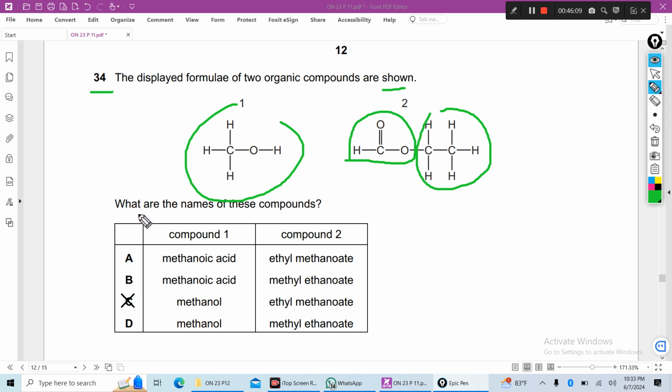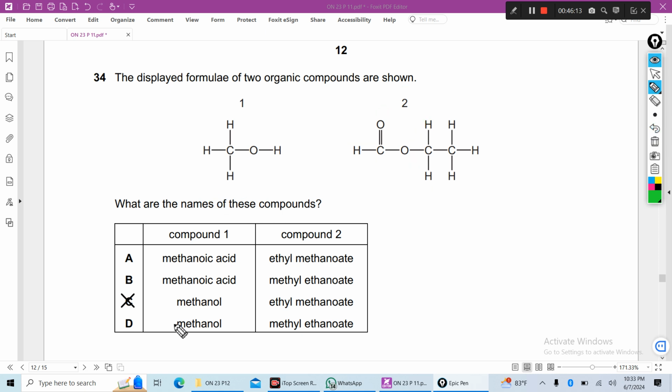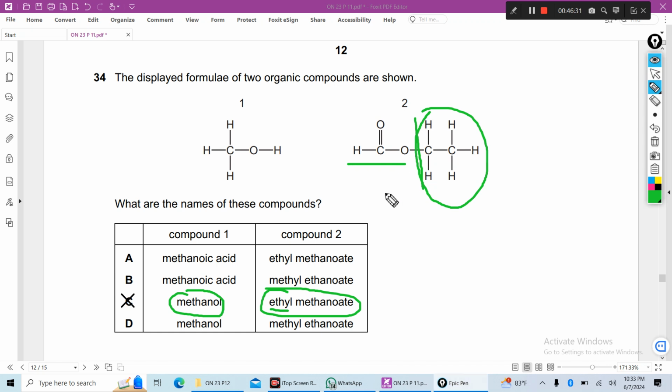So what are the names of these compounds? This one is methanol and 2 is ethyl methanoate, because this is an ester. So this is the alcohol part, the 2 carbon alcohol part, C2H5 means ethyl, and the 1 carbon alkanoate is methanoate. So ethyl methanoate. That's why C is the right answer.